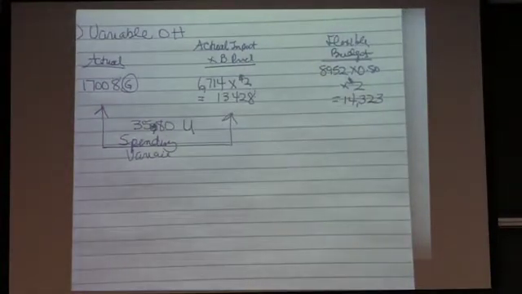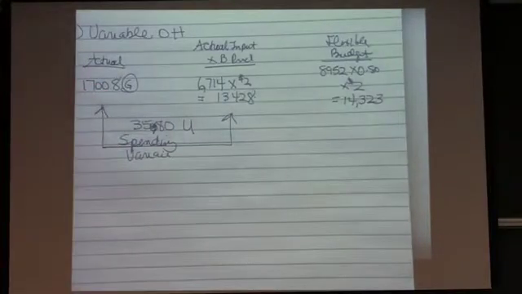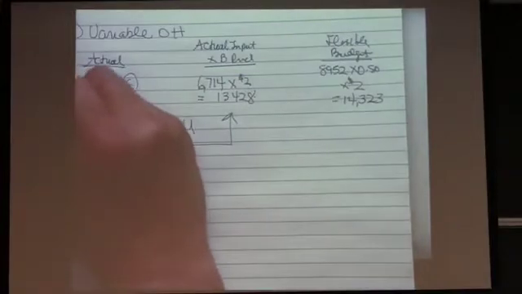Another way to calculate this one is to look at the difference in the rate. How do I know the actual rate? Well, it's 17,008 divided by 6,714.